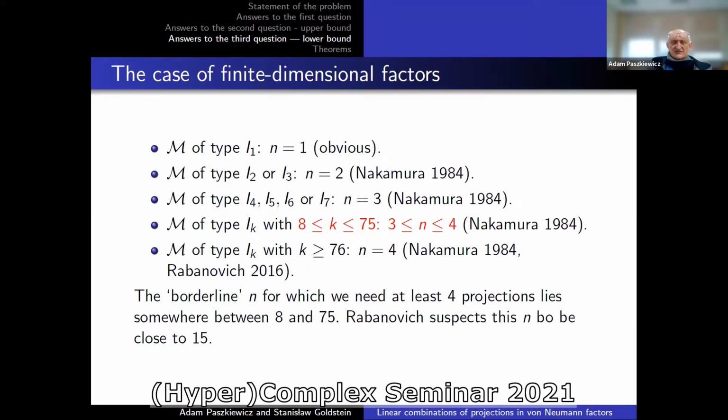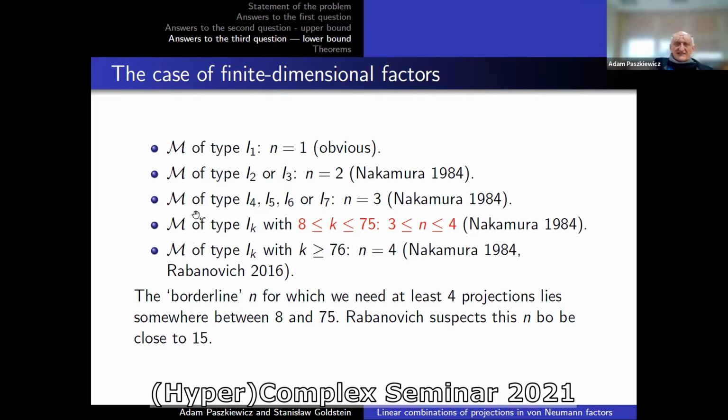So in such dimensions of Hilbert space, if I look at any operator, in fact, in this moment we look at self-adjoint matrices in a space of such a dimension, then there is a number n such that we always have n projections and a linear combination of these projections which is exactly this operator.